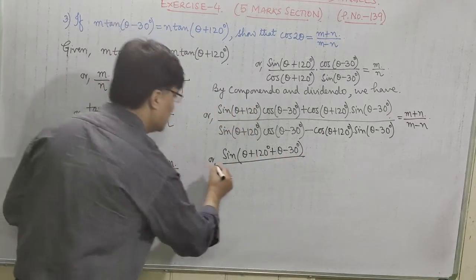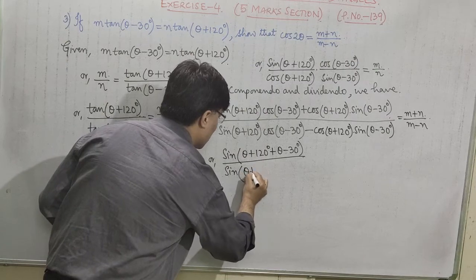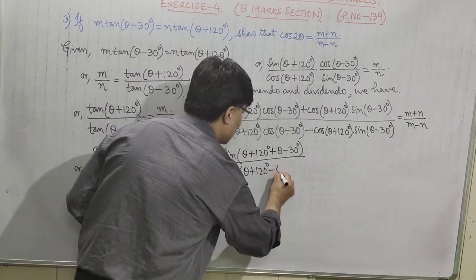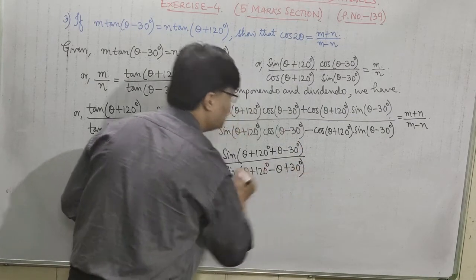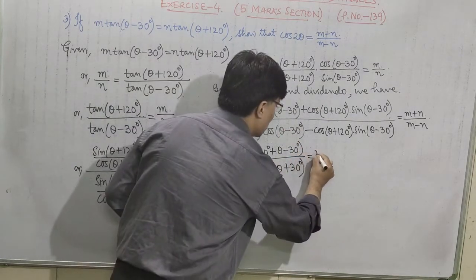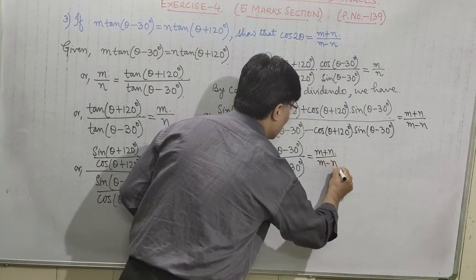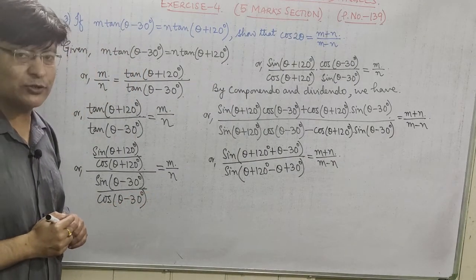Divided by, in the denominator, sine of A minus B. What is A? Theta plus 120 degree. What is minus B? Minus theta plus 30 degree. Which is equal to, on the right hand side, m plus n upon m minus n. So I think you have understood it.